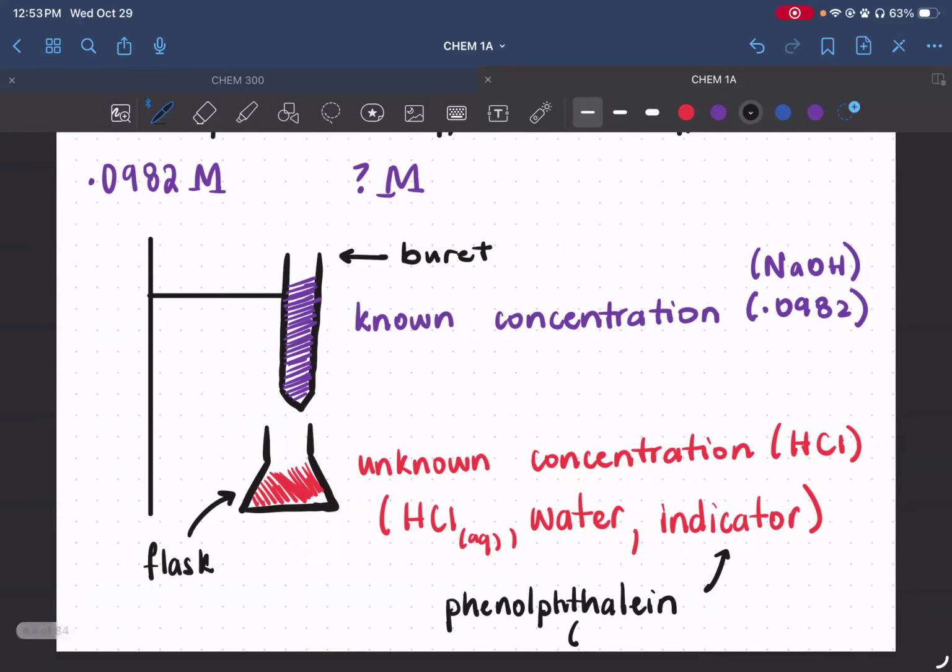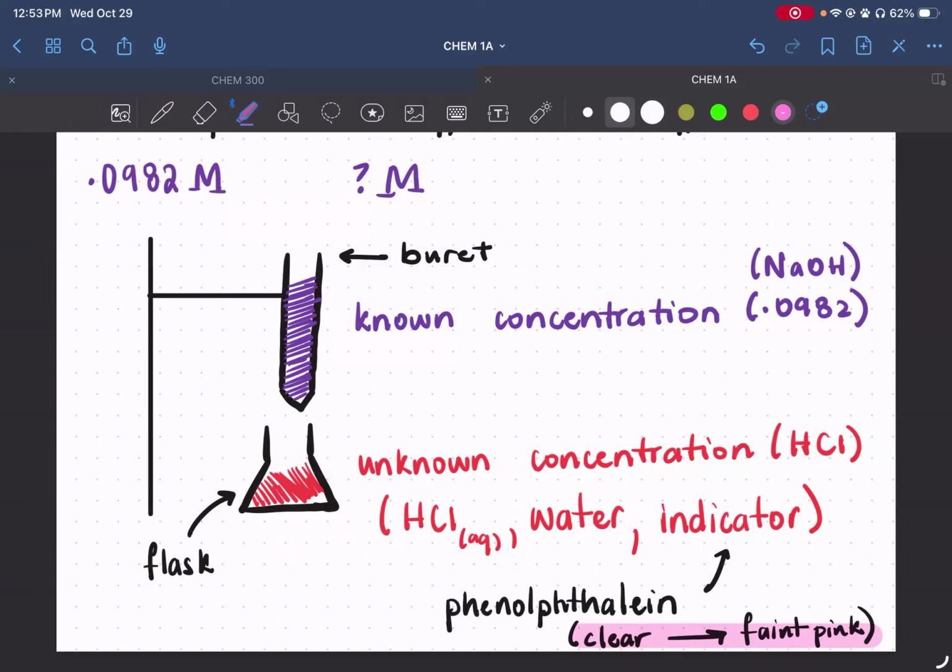In fact, phenolphthalein is clear, and when neutral, turns faint pink. There are many, many indicators because all they're serving is a visual indicator, literally indicator, that the pH has changed.